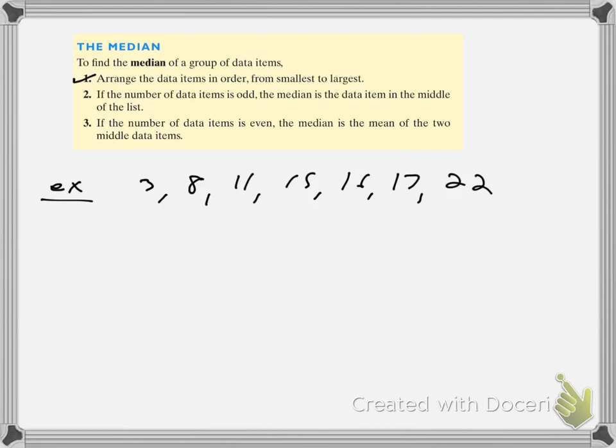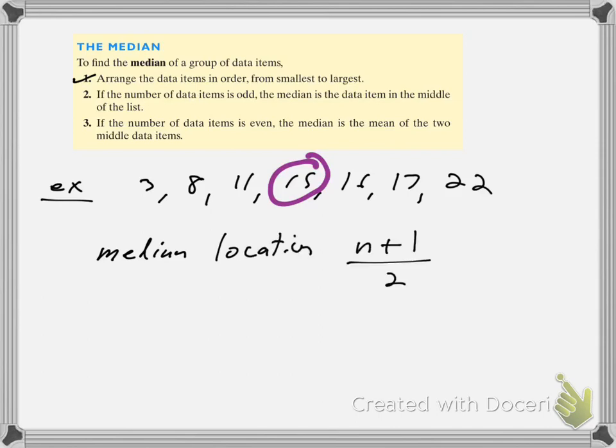If the number of data items is odd, the median is the data item in the middle. So the middle one looks like it is 15, right? Because there's 3 on each side of it. If it's a huge list, the median location is found by taking the total number of items, adding 1, and dividing by 2.